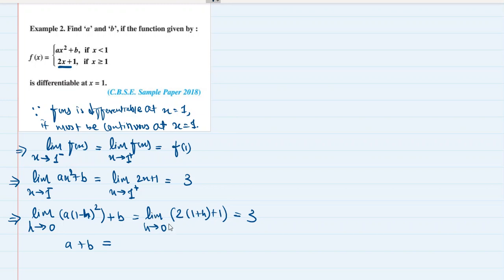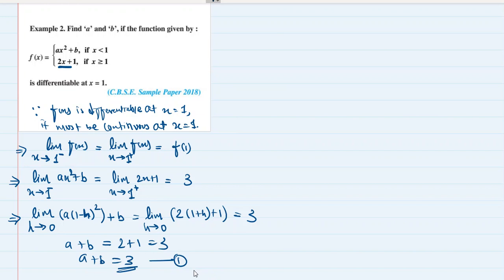So the limit of 3 when h tends to 0 is nothing but 3. So a + b is equal to 3. That is the first equation we get when we consider that this function is continuous at 1.